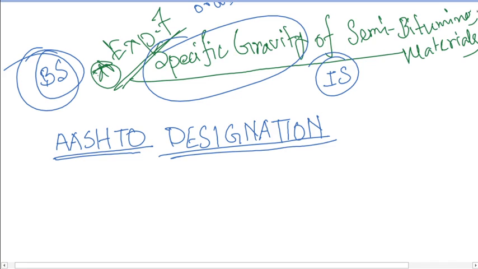But don't be confused by this. Whenever we are conducting any experiment, just make sure which standard we are following, otherwise you may get confused. The same experiments can be conducted based on many standards, maybe IS standards, maybe American standards.